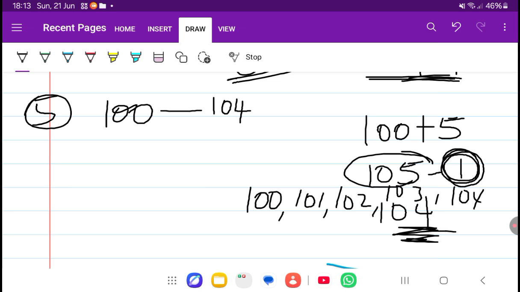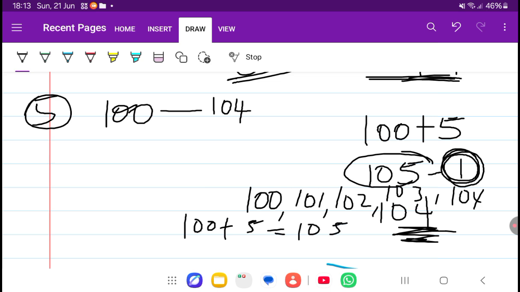So what am I going to do to the next one? For me to get my lower class limit of the next class, which is the second class, I'll just get 100 plus 5, and you'll get 105.